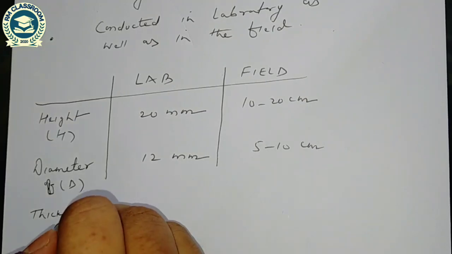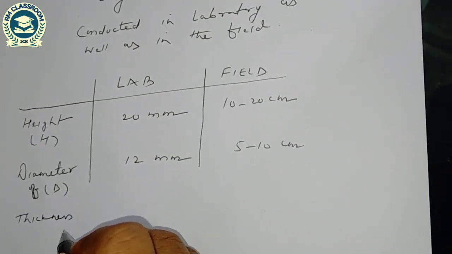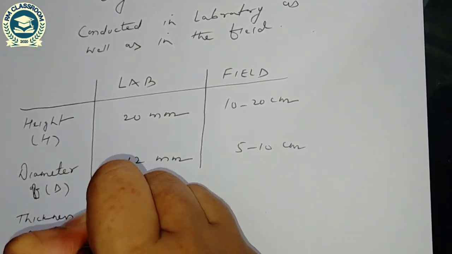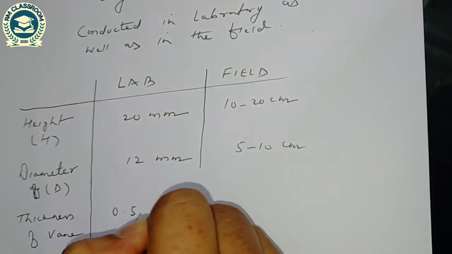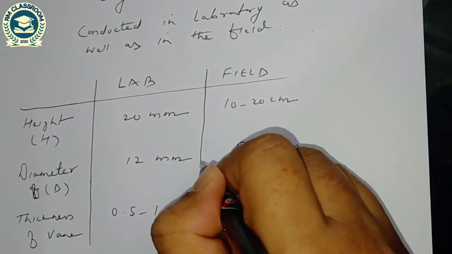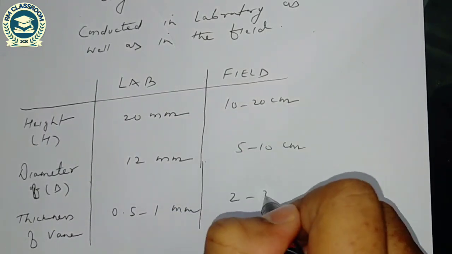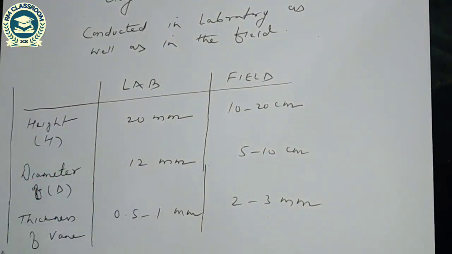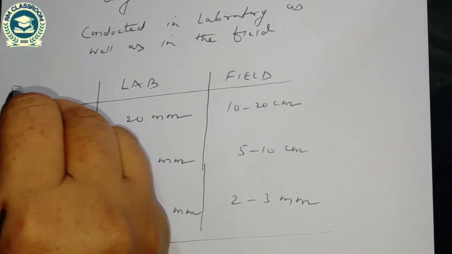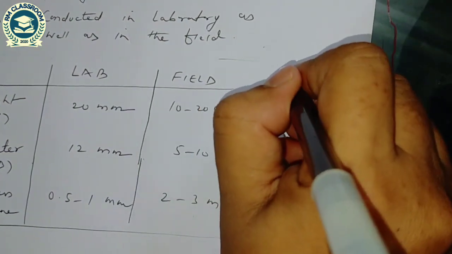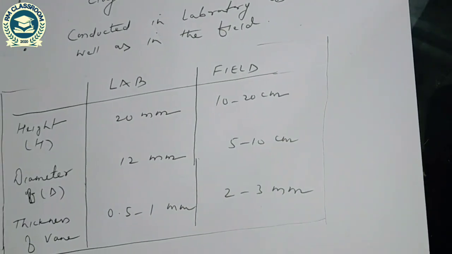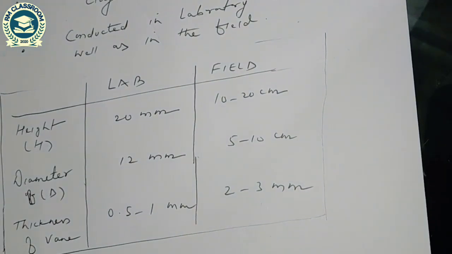Thickness of the vane: 0.5 to 1 mm, and in the field it is 2 to 3 mm. So these are the dimensions of the vane used in the lab and the field.